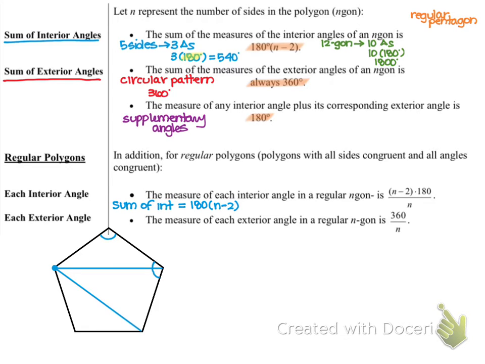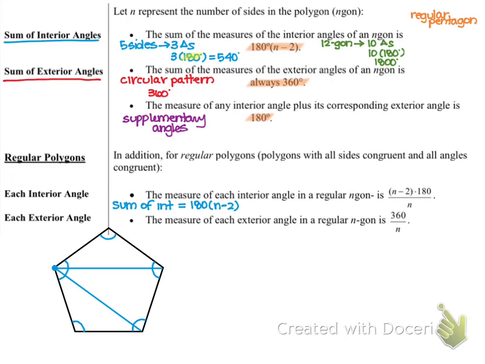Now, if it is regular, I know all of those are the exact same size. So if I add them all up, that's the 180 times n minus 2. But if I want to figure out how big each one is, well, this is a 5-sided polygon, which means it has 5 interior angles. N represents the number of sides and angles that it has on the inside.